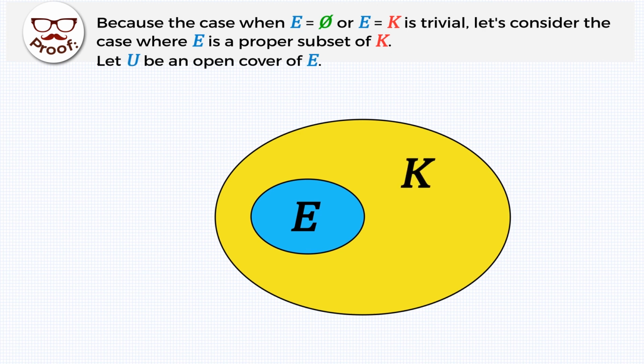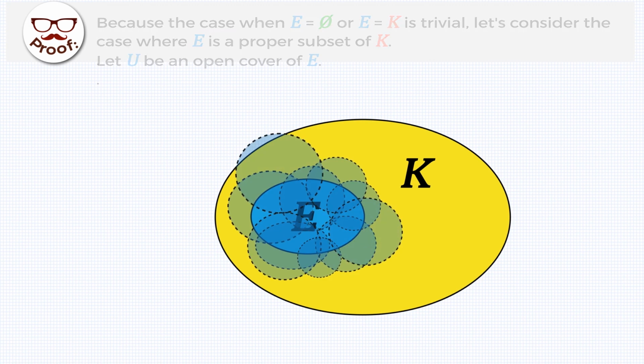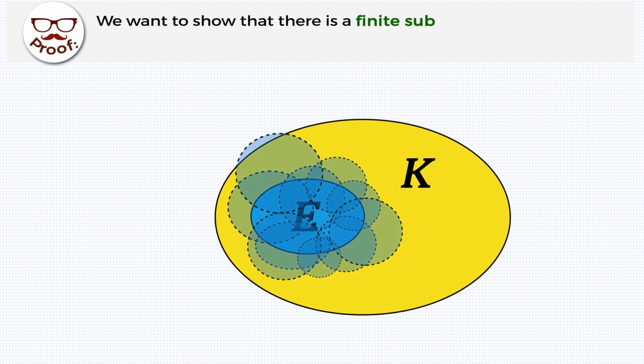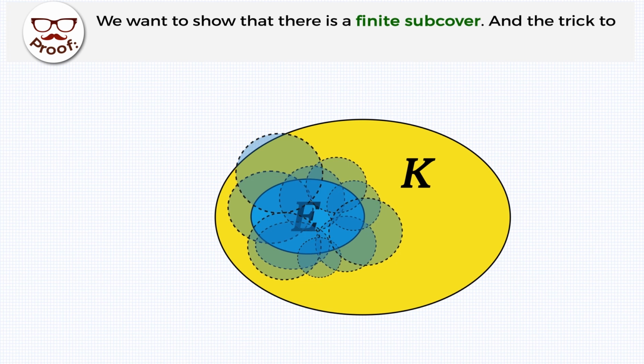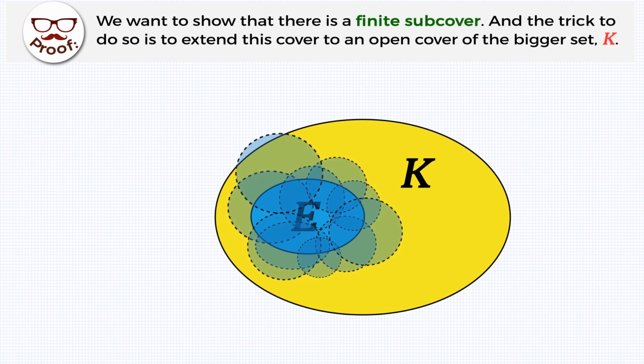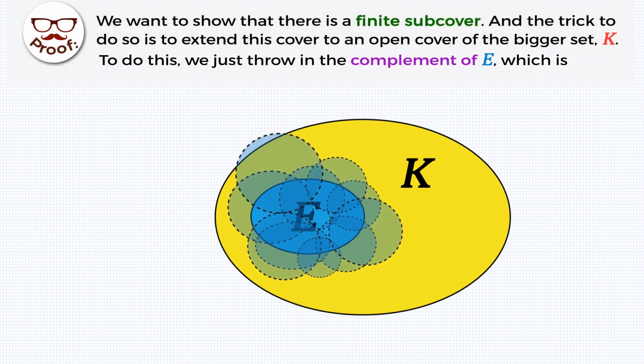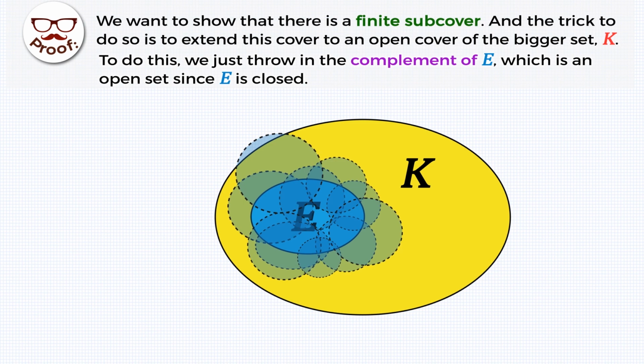Let U be an open cover of E. We want to show that there's a finite subcover. And the trick to do so is to extend this cover to an open cover of the bigger set K. To do this, we just throw in the complement of E, which is an open set since E is closed.